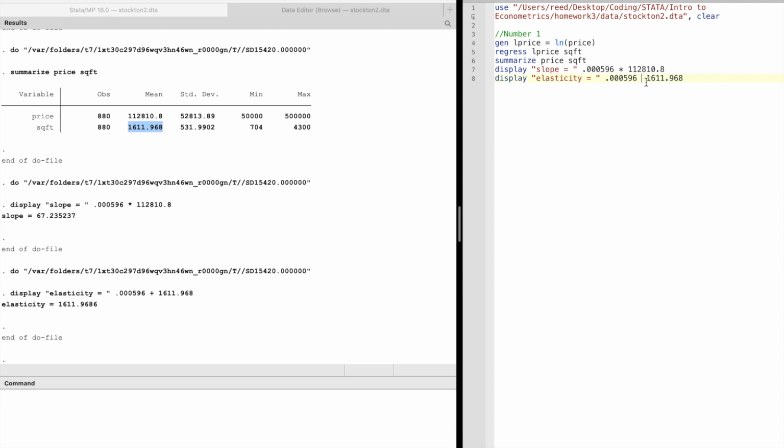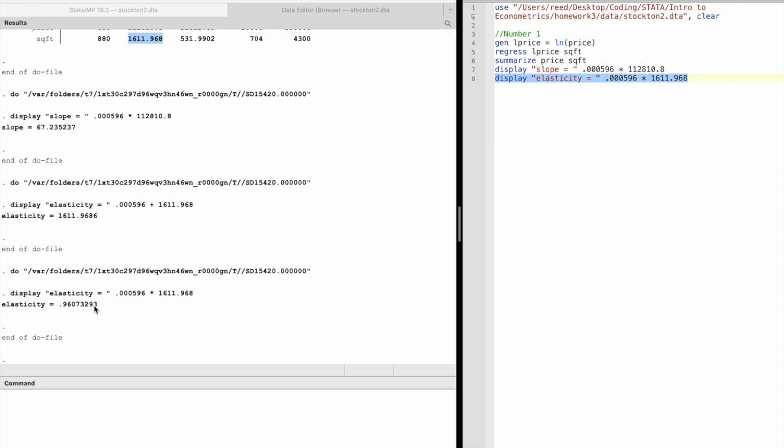Nope, we added them. That's why we got a weird value right there. So here we get 0.9607. That tells us that for every 1% increase in square footage, we get a 0.96% increase in price.